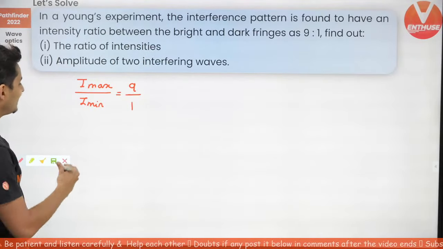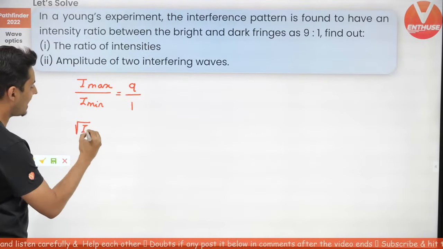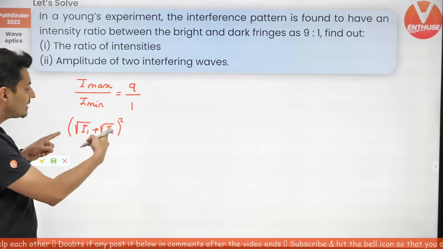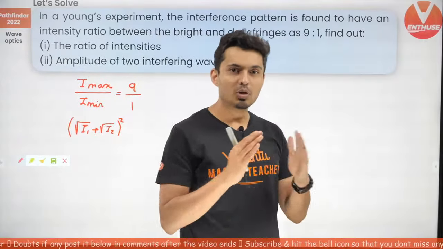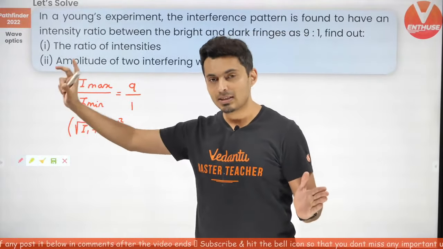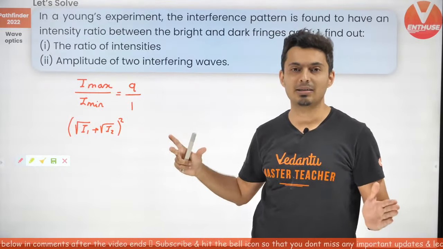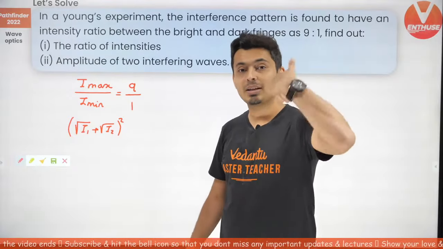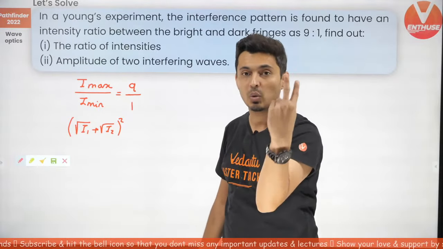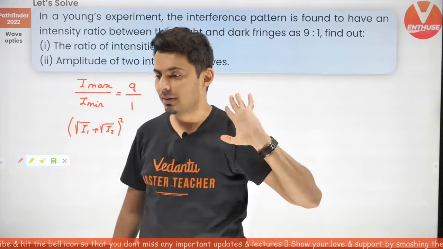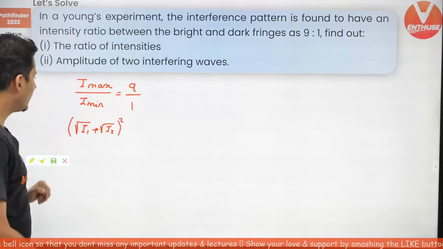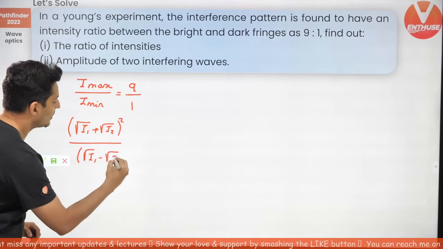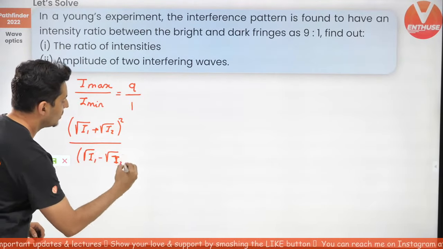The maximum intensity formula is root I1 plus root I2 whole square. I gave this to you during the recap. If you have joined late, go back. At the start, I have done a recap of the previous parts, and over there I have given you this formula. If you have not understood that formula, then go back to the previous session, lecture number 2. I derived that exactly over there. Now, same thing for minimum intensity. I have told you it is root I1 minus root I2 whole square.